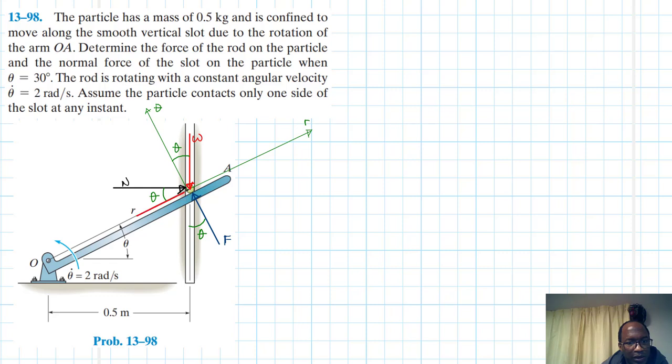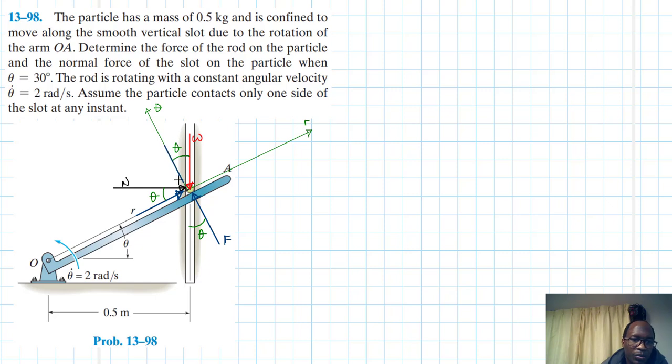We'll have one component for N in that direction, and another one in that direction like so. Let me use blue. Again, no big deal about the colors, I just want them to not mix up too much.